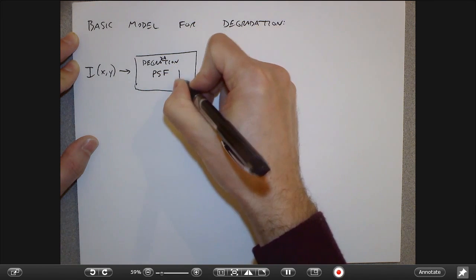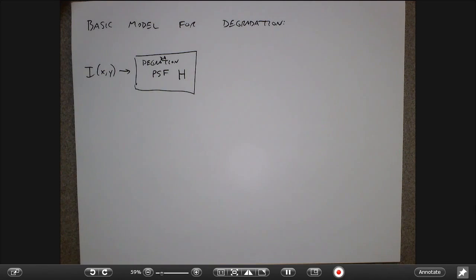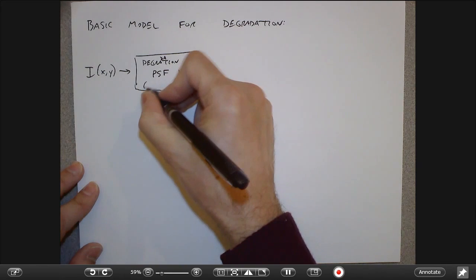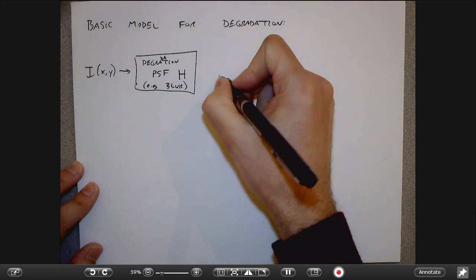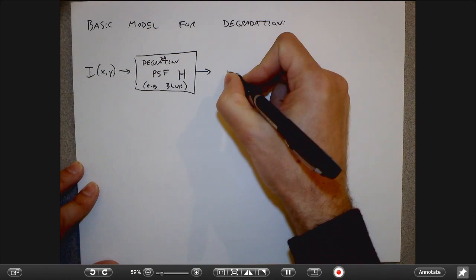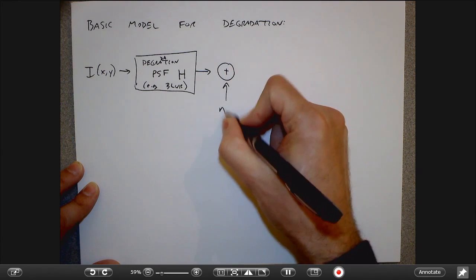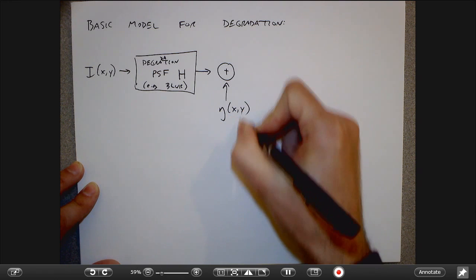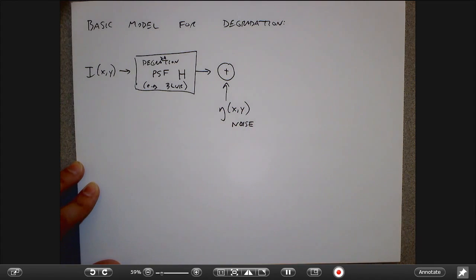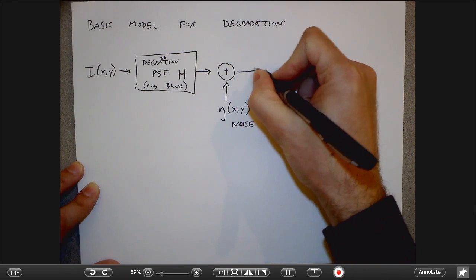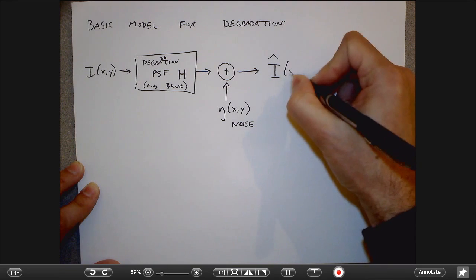Let's call that H. This is like a linear system, think of it like a blur, so I'm just going to put in the box "blur", for example. Now I've got a blurry image that comes out of here, and on top of that blurry image, I'm going to add some noise. What comes out is some degraded image.